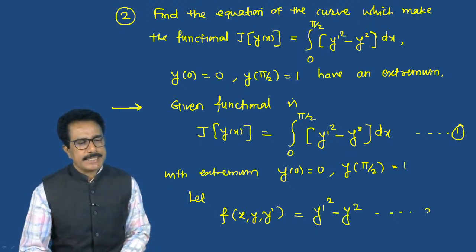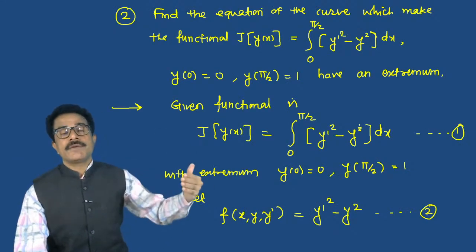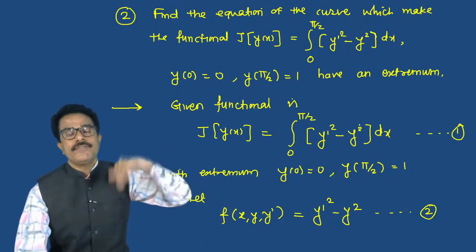Suppose this is equation 2. Now for the Euler equation we require fy and fy dash.